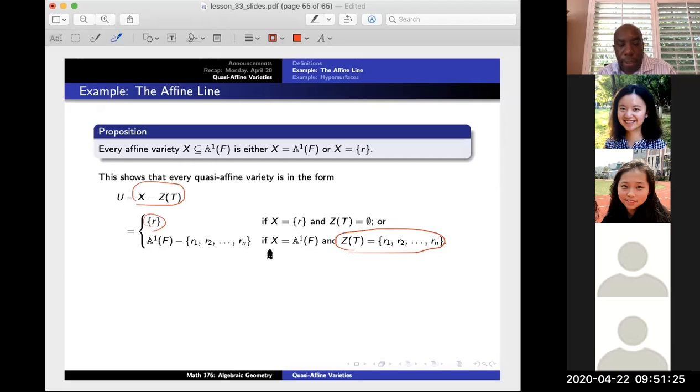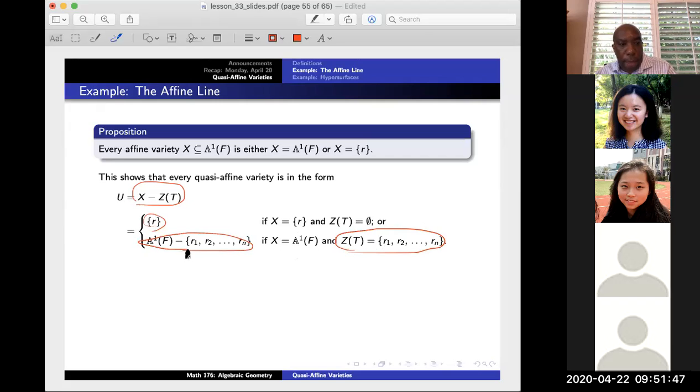On the other hand, if X is the affine line, Z of t can't be all of the affine line, because then again, I'd have the empty set for U. So Z of t has to be finitely many points. Z of t could itself be the empty set, but Z of t has at most finitely many points. And so that gives the second possibility here.